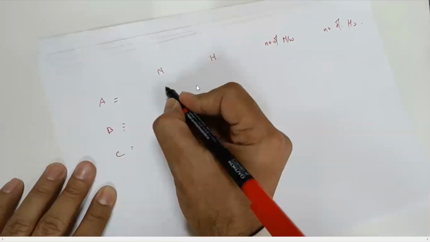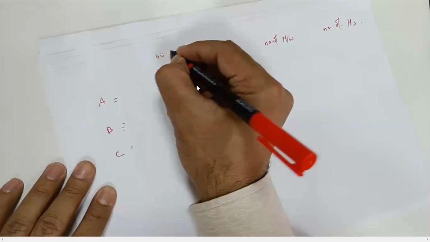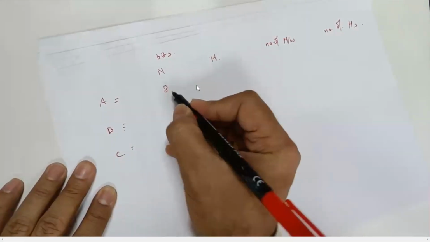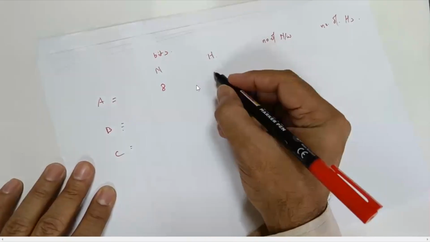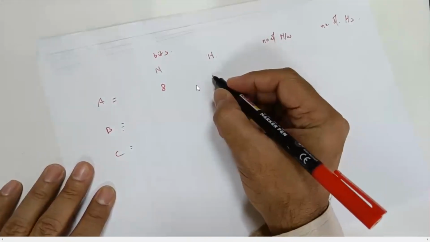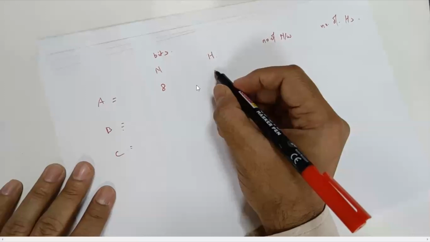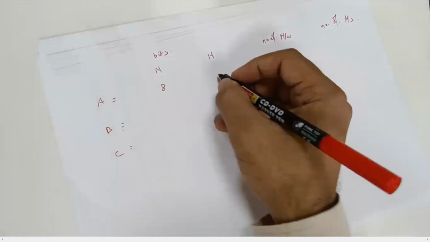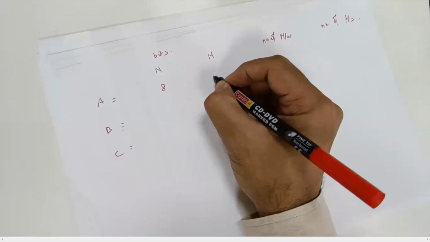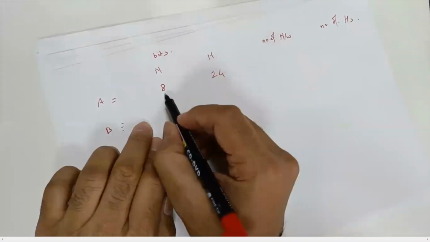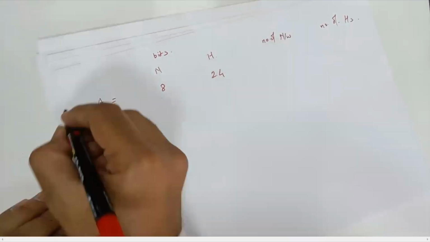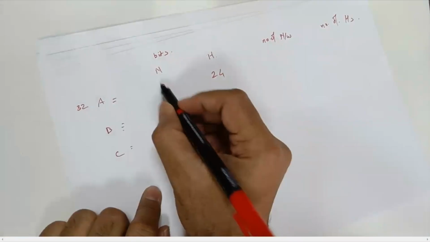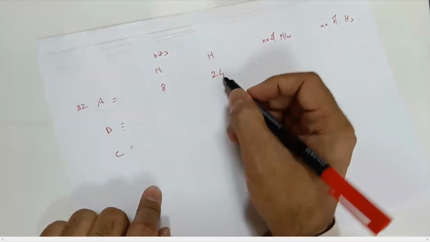So what are these? These are the number of bits. In class A, 8 bits are network, and remaining, how many bits are there? Total 32 bits. So how many host bits are there? 24. So the total IP address is 32 bits, out of which if you are assigning 8 bits as network, then the remaining 24 bits are host bits.